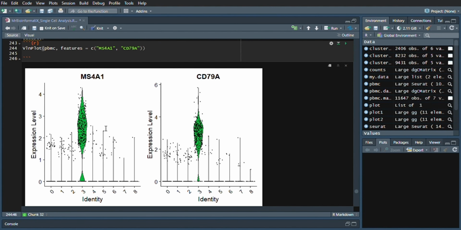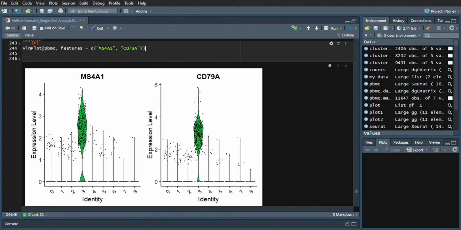it displays the distribution of gene expression levels within a cluster. The width of the violin at any given expression level indicates the density of cells expressing the gene at that level. A wider section means more cells have that expression level, while a narrower section means fewer cells. For example, the plot indicates that in this cluster, which is cluster 3 here, the gene expression is relatively high.